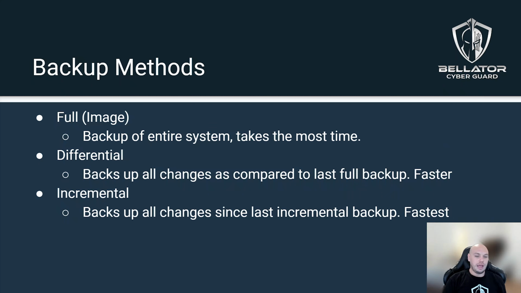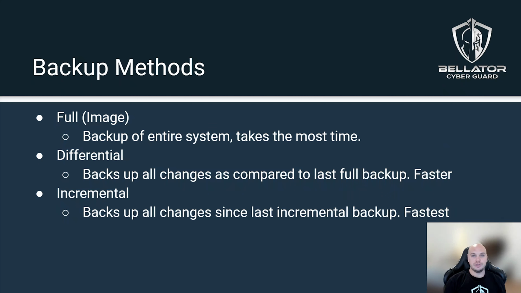Then after that, you would likely do a differential or incremental backup. So the differential backup would be copying all of the changes to the desktop, all the new files since the last image backup. So if you do the image backup on Monday, then Tuesday you do a differential backup. You'll copy everything that's changed since Monday.